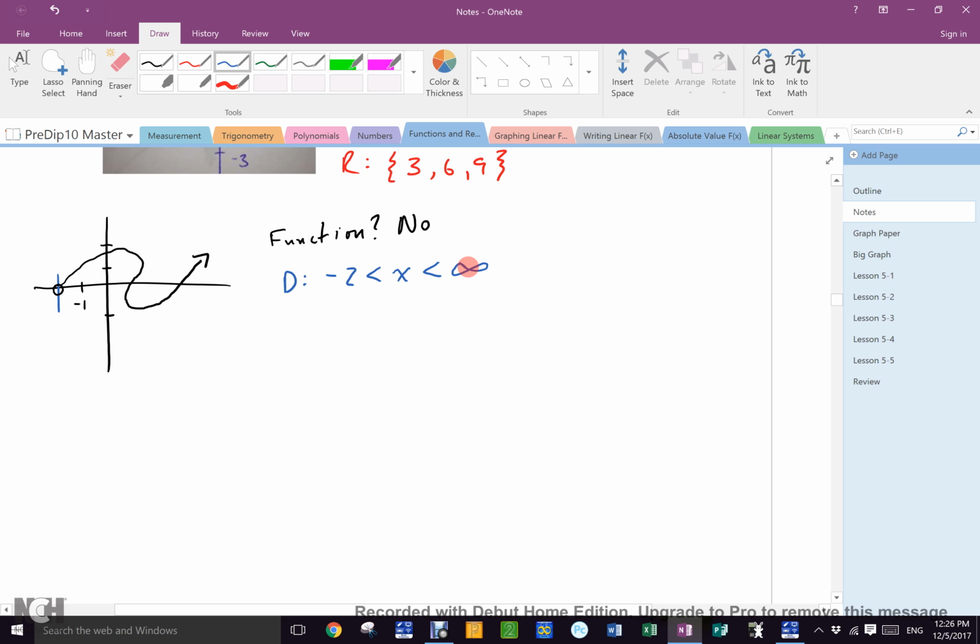Now this gets weird. If negative 2 is the lowest number I can have, write this for me in a simpler way without an infinity symbol that will still mean the same thing. Talk to your neighbor and see if you can figure it out.